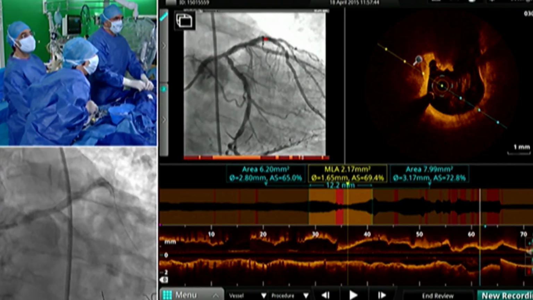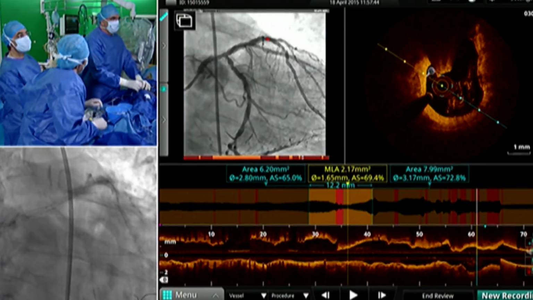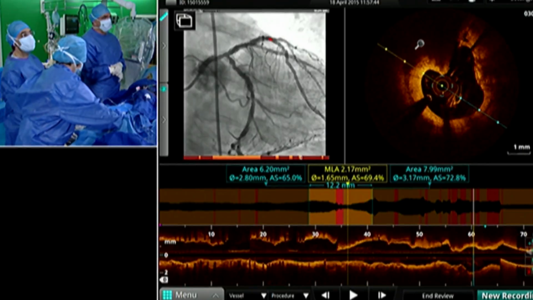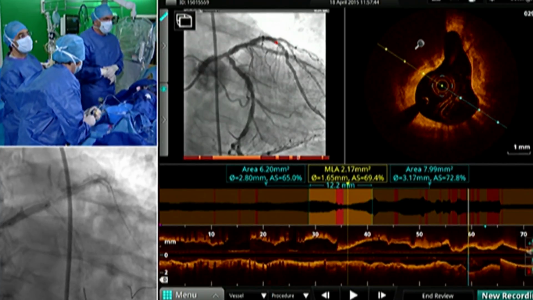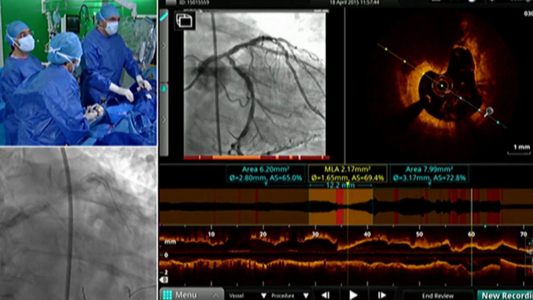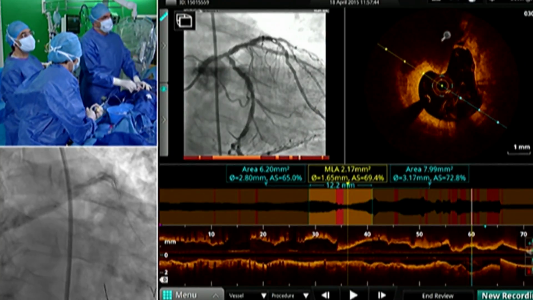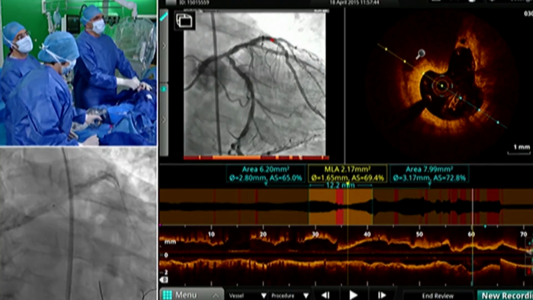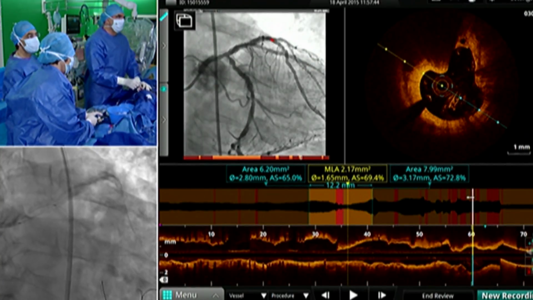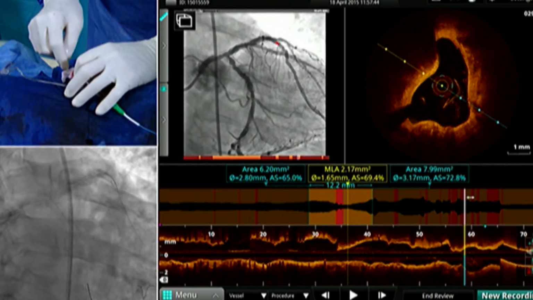That is the main characteristic. You have this type of big calcified nodules protruding into the lumen, and then you have at least half of the circumference of the left main that is devoid of any calcification. The calcification is from 11 to 4, while the remaining portion of the vessel seems to be okay.